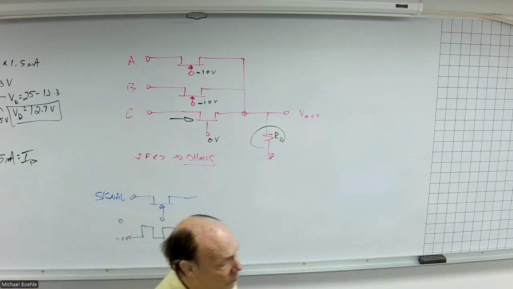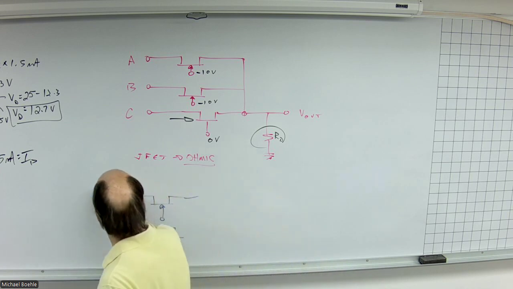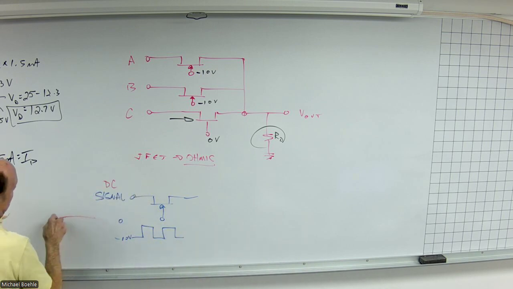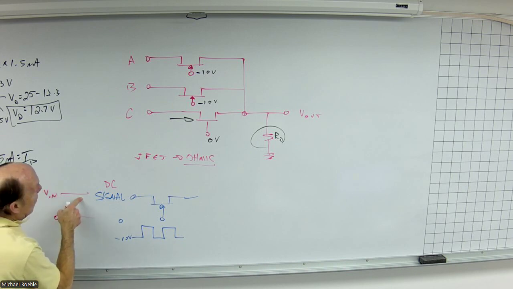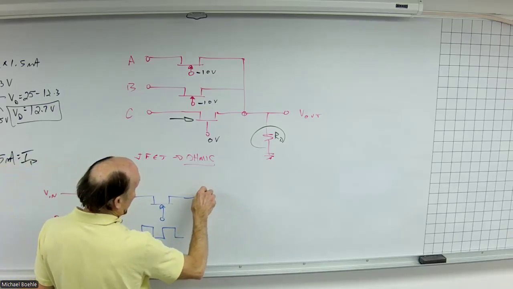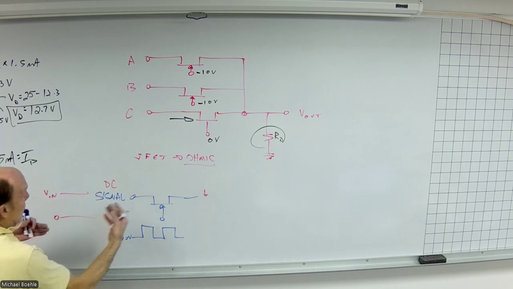What that allows me to do is create a chopper. So if this is a DC signal with a constant input voltage, by turning that signal on and off, what I end up with over here is either the input voltage or 0.